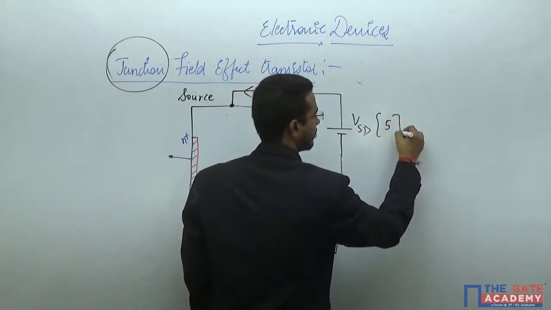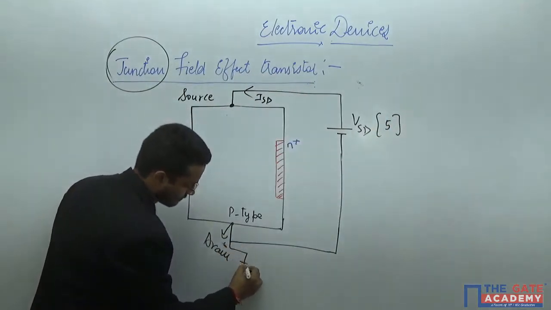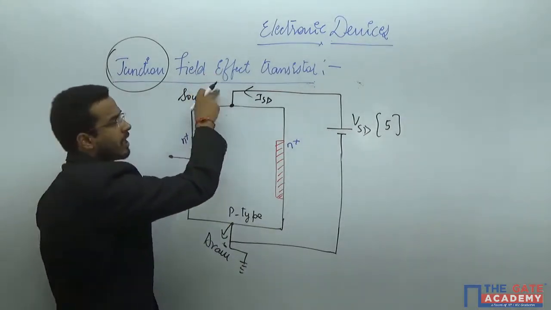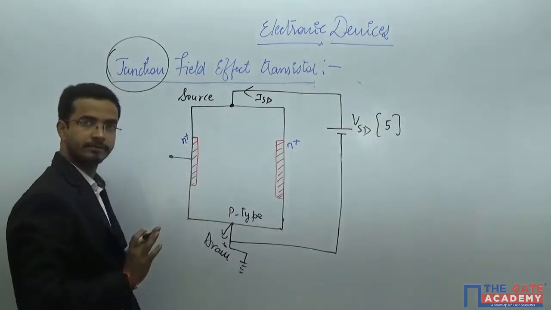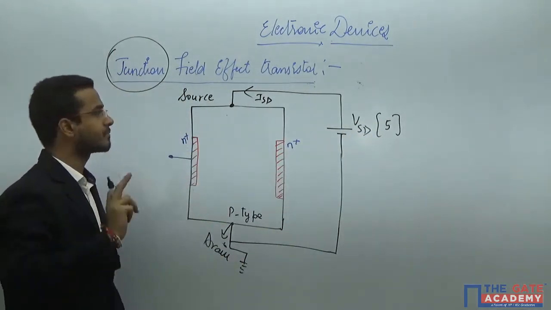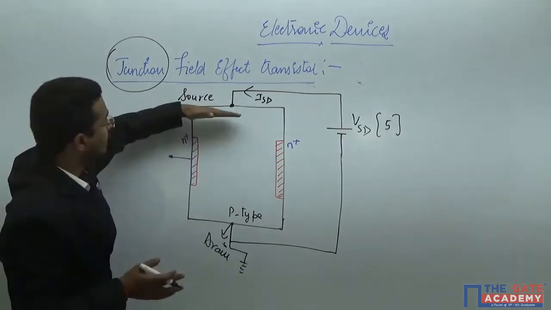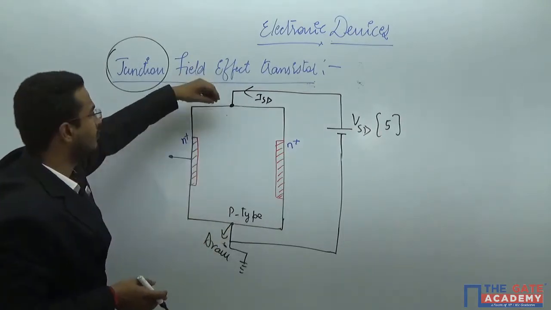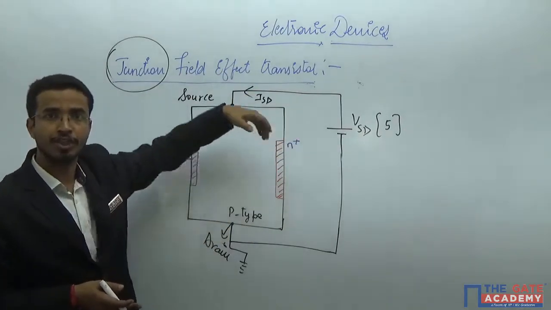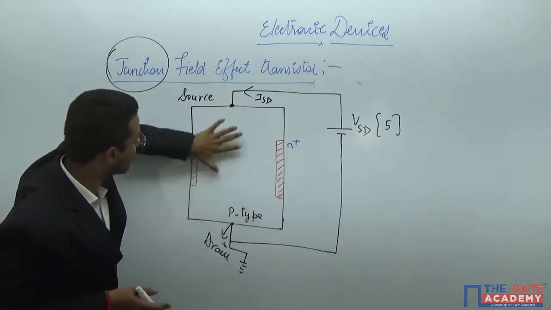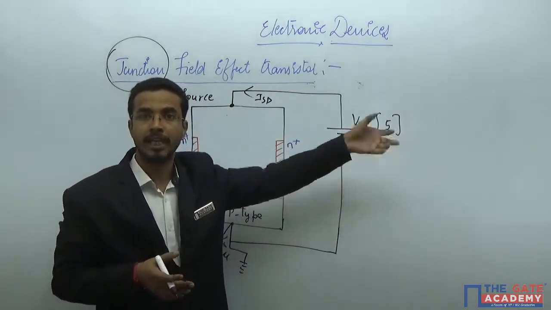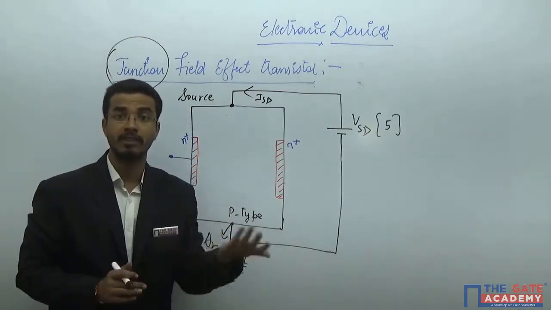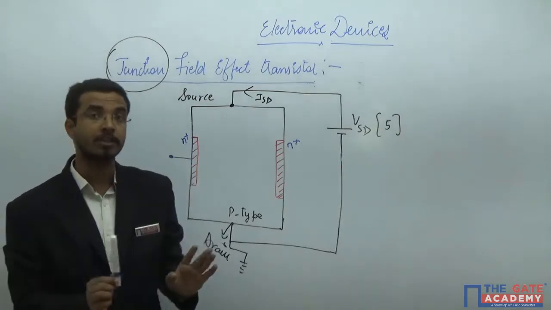If VSD is 5 volt and this terminal is grounded, the upper terminal is at a higher potential of 5 volt with respect to 0 volt. The first assumption I will take is a sharp degradation of the voltage from source to drain, meaning the potential drop is not gradual and the entire device is at 5 volt. We will see how the device works with this assumption, though we know it is not actually possible.